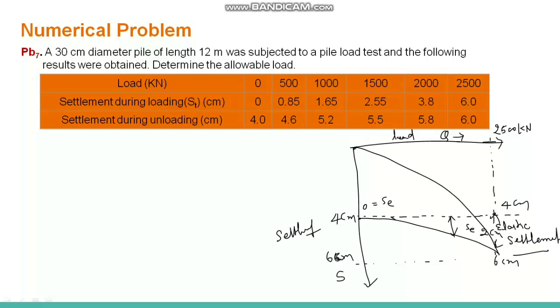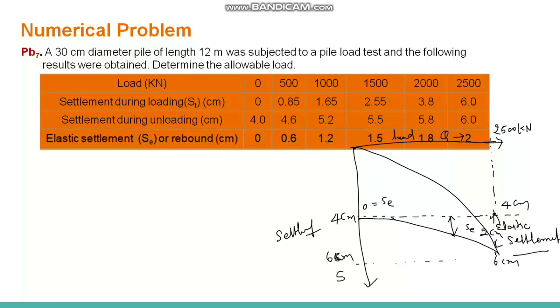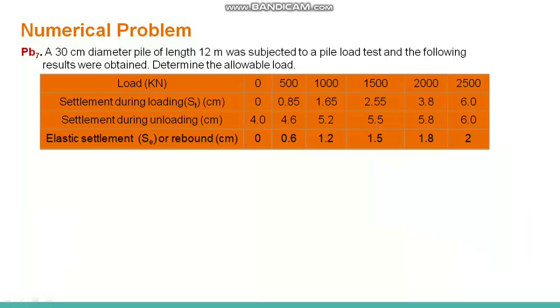So at a different load value, we can calculate the rebound. At a 0 kilonewton load, the rebound is 0, and at 500 kilonewton it is 0.6. Because 4 centimeter is at the 0 load, whatever the increase, we can deduct the 4 centimeter and you will get the value of rebound.